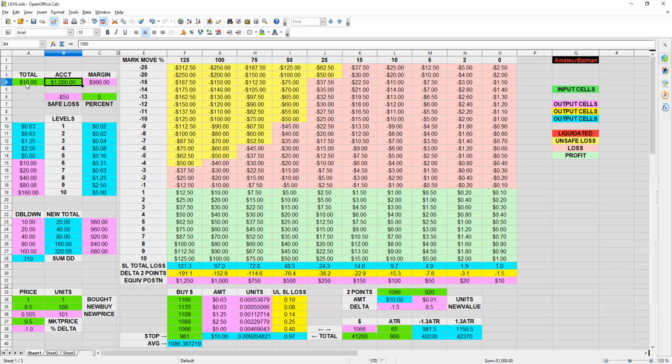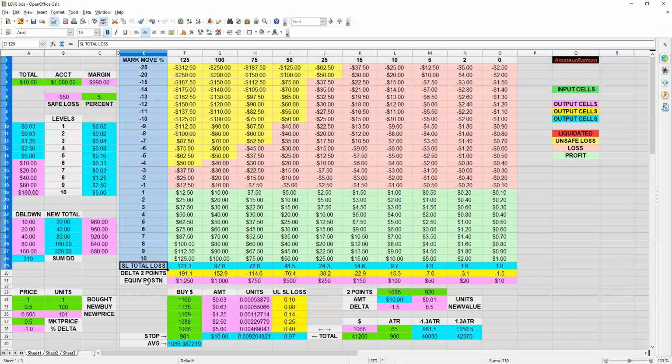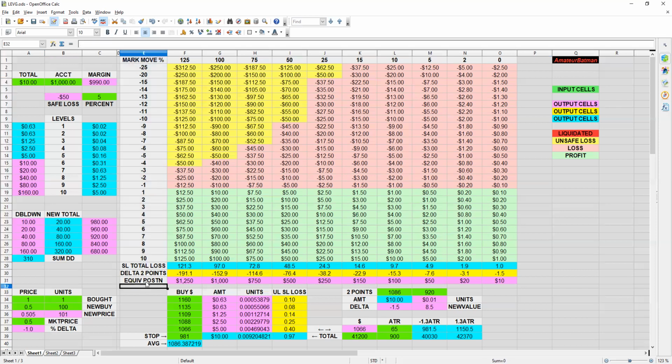So in this example, if you have $1,000 in your futures wallet and you place a bid that totals $10, then you can see over here how much you stand to gain or lose with that bid based off of how much the market will move based off the average price of your purchase.